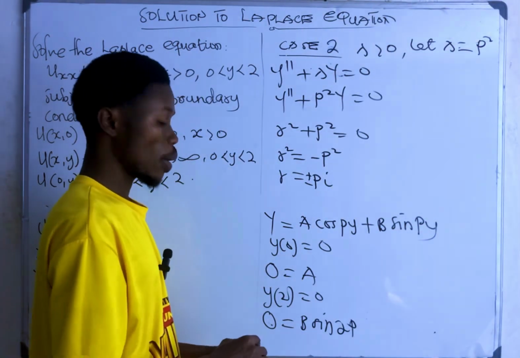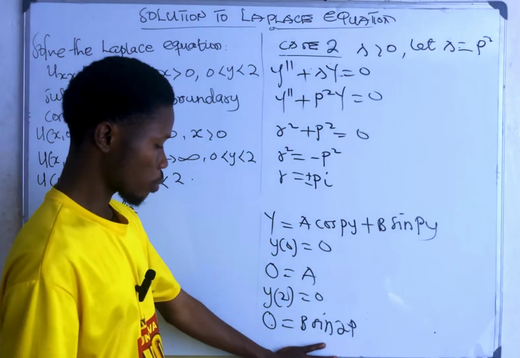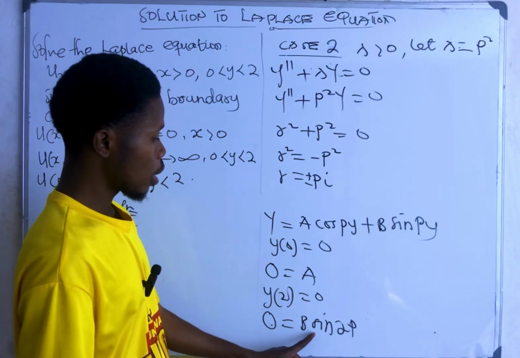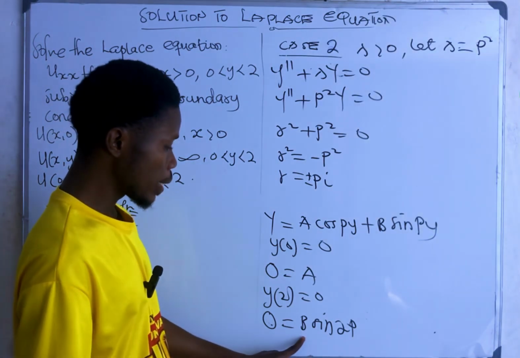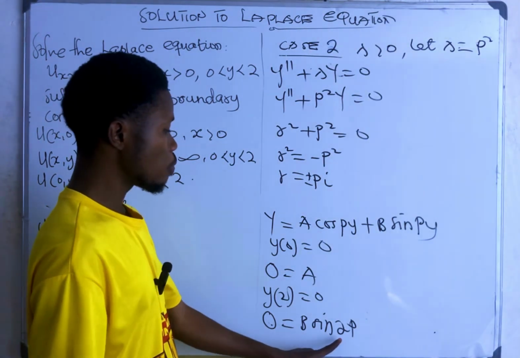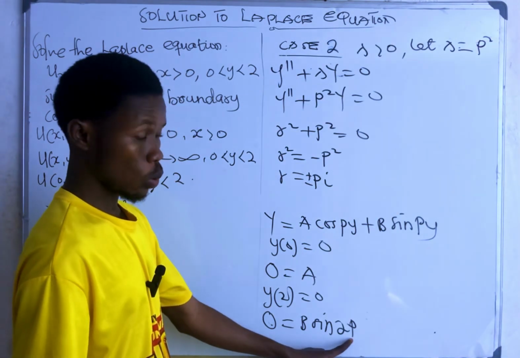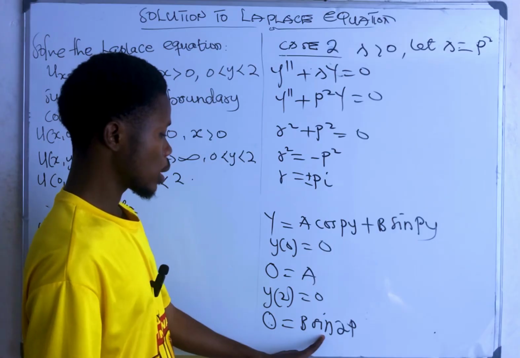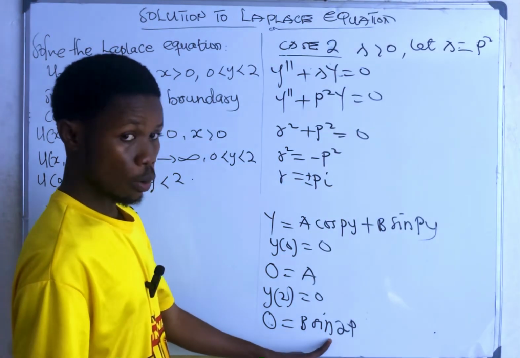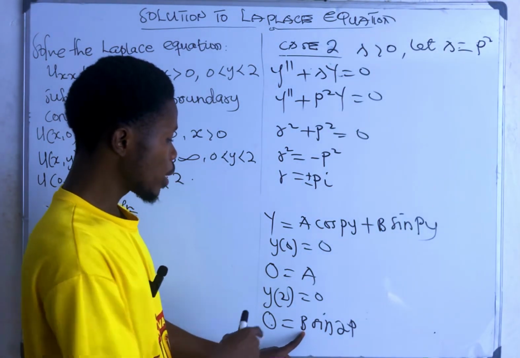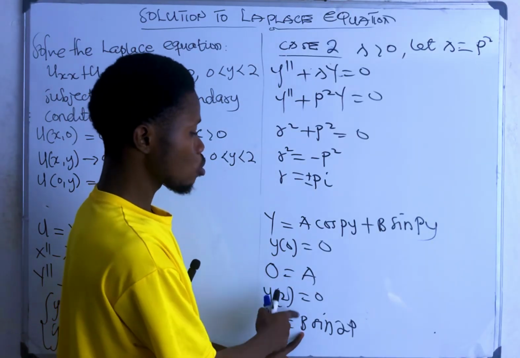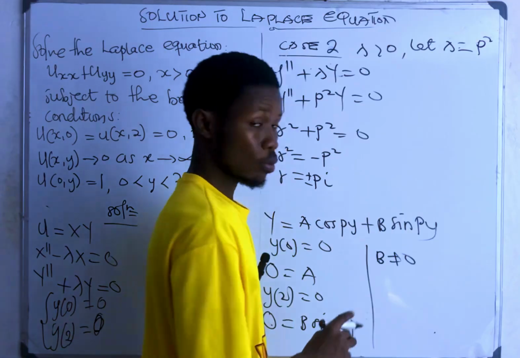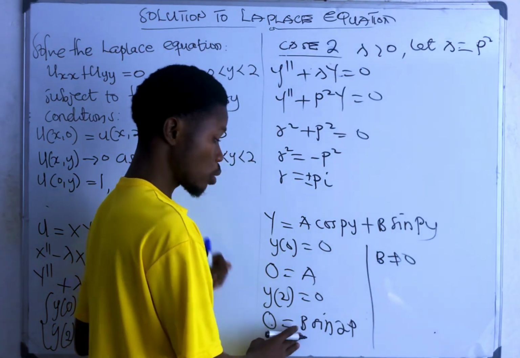Now what happened here is that we know that the b and the sine 2p, if we put any number here at all, this one can go to 0. So once we make this b become 0, then the thing comes to a trivial solution again. So what you do here is you say that b is not equal to 0. Once you make the b go to 0, it becomes a trivial solution.